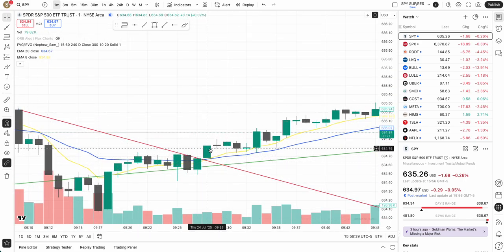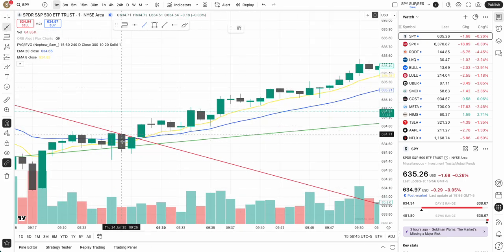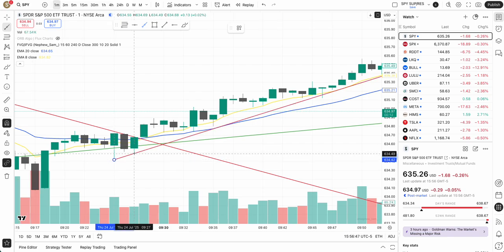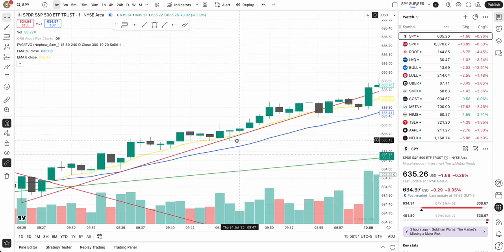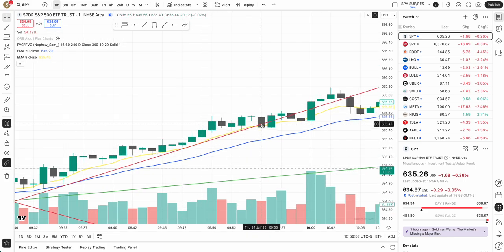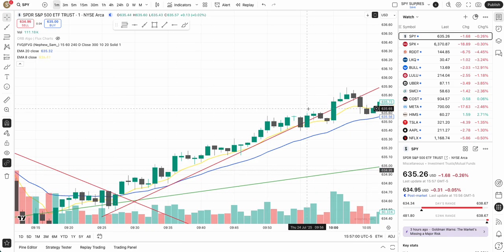Break of downtrend, enter long here, and then you would stay in this trade until here. So you could ride this from 634.67 to about 635.44.